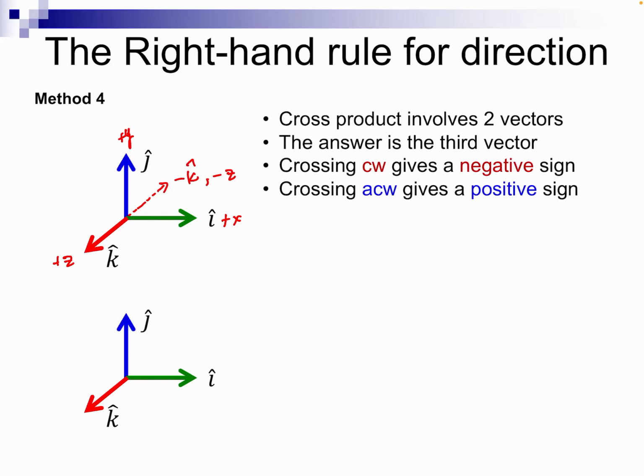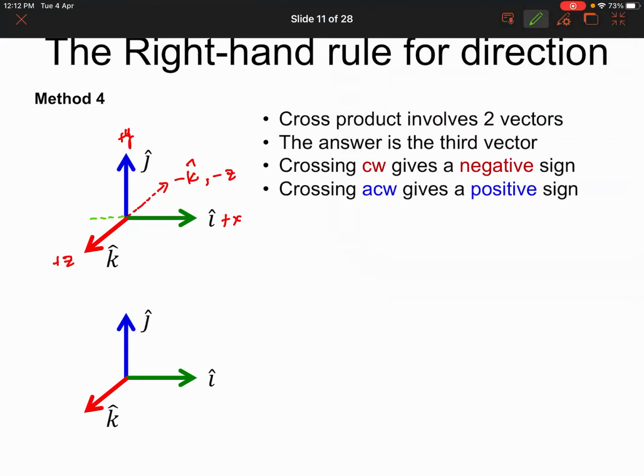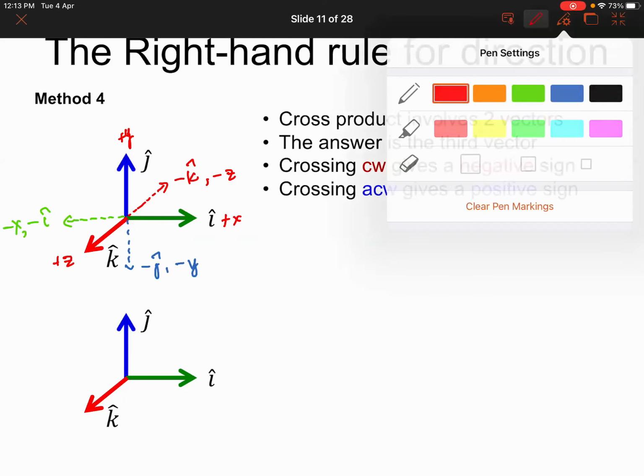Pointing to the left, you have minus I hat, the minus X axis, and pointing downwards, of course, that's the minus J hat, or minus Y axis.